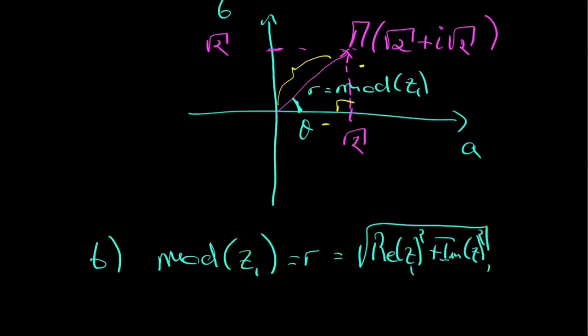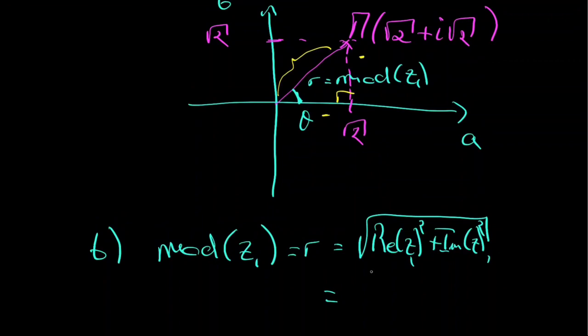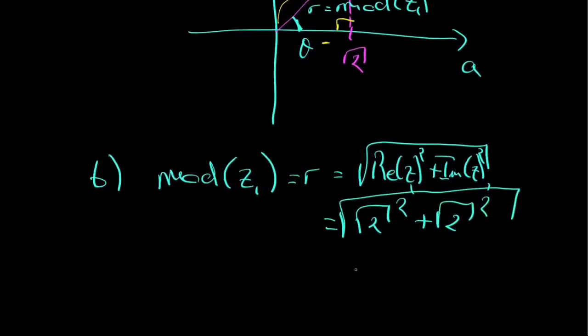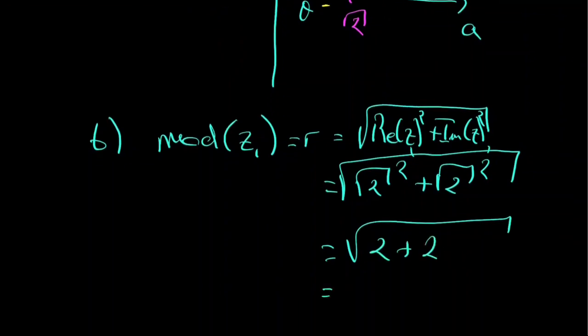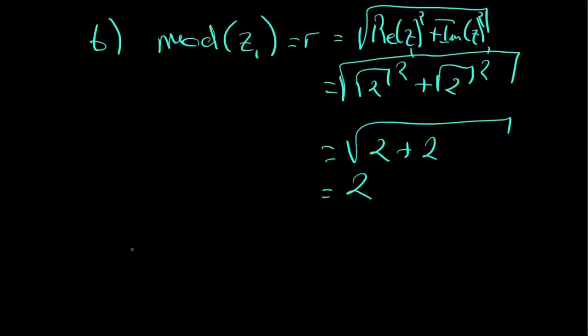So for z1, it is the square root of square root of 2 squared plus square root of 2 squared, which is the square root of 2 plus 2, which is equal to 2. So easy one.